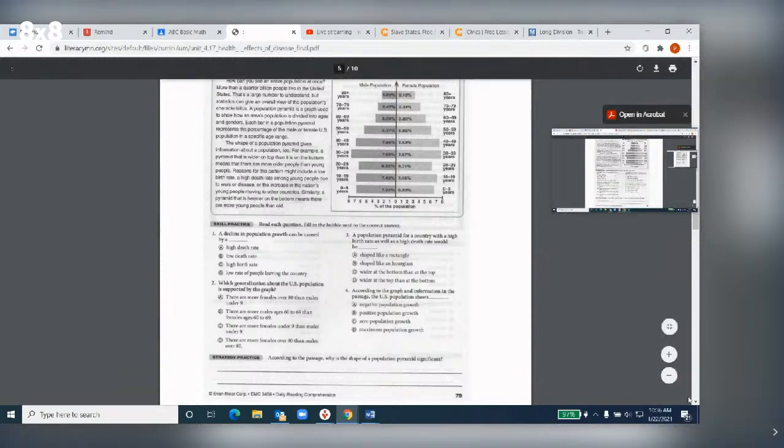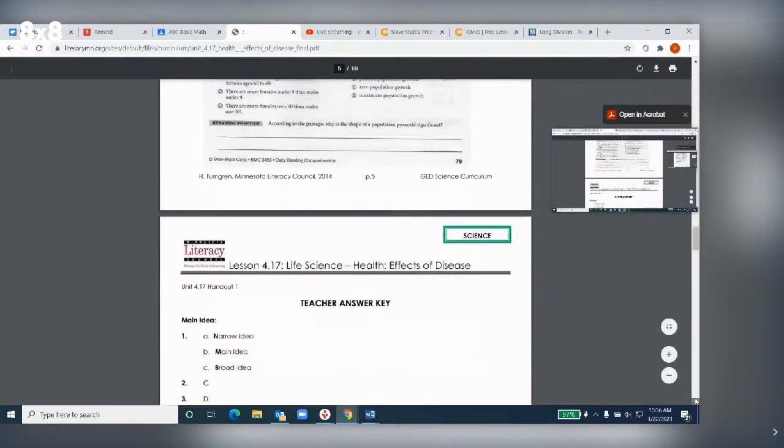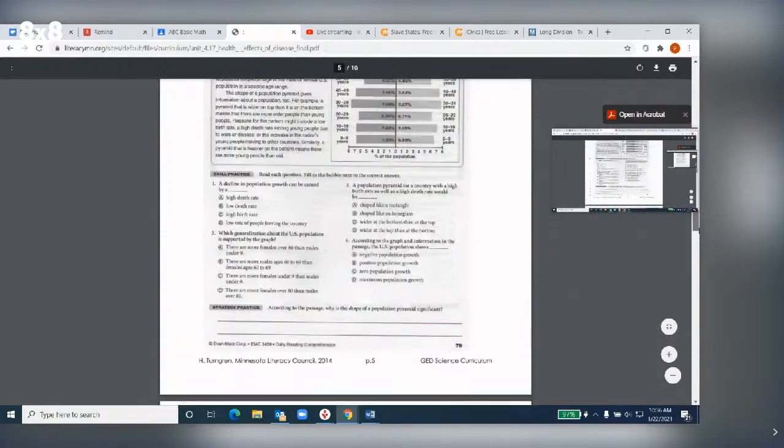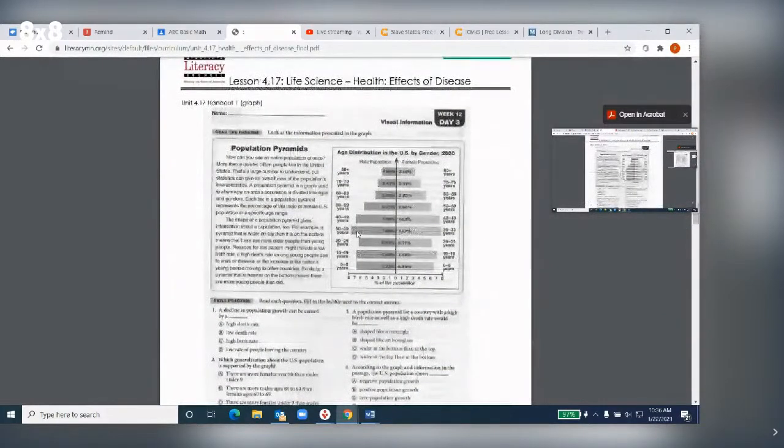According to the passage, it's a way to view the characteristics of the entire population, because we can look at the entire population of the United States. We can look at males, we can look at females, and we can look at ages, anyone from 0 to 80 years plus. That incorporates our whole population. So this is a good way of looking at the entire population of the United States.